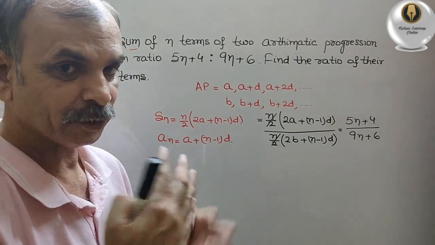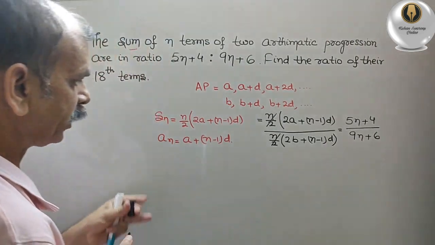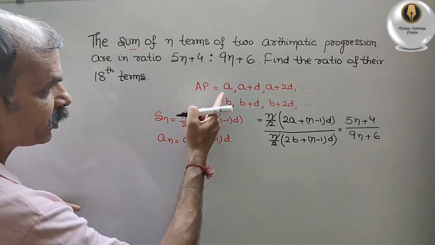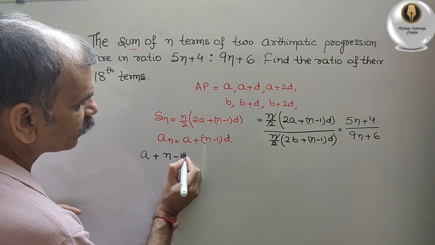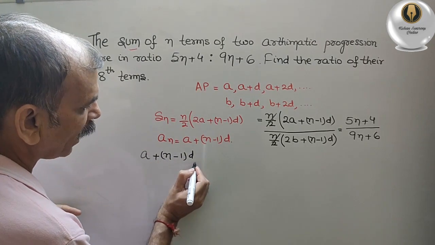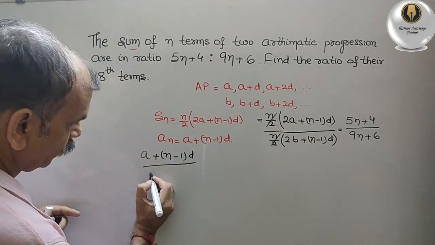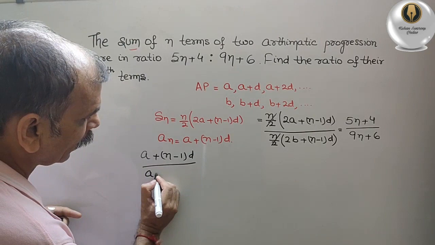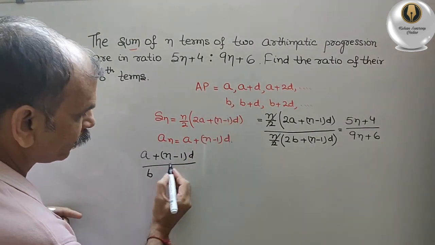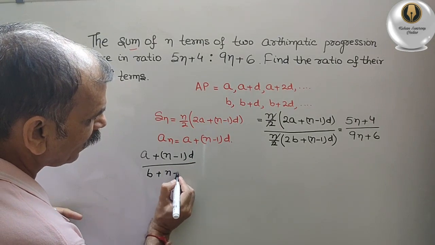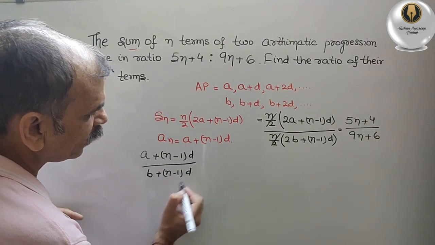Now we will write in ratio. The ratio is a plus n minus 1 into d by b plus n minus 1 into d.